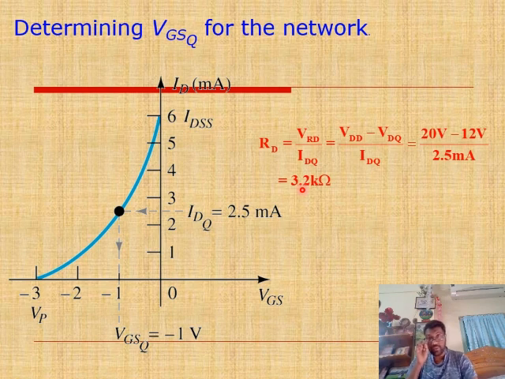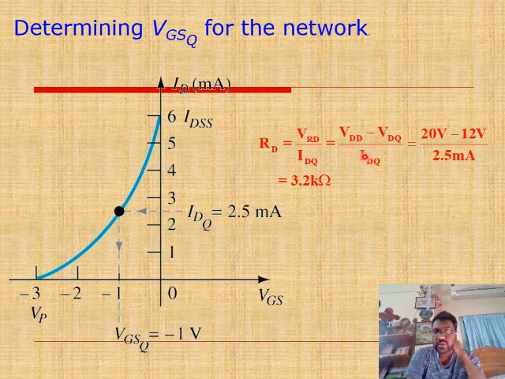The Q point value has been given, that VGSQ is minus 1 volt and IDQ is 2.5 milliampere. So RD is VRD by IDQ. VRD is VDD minus VDQ, VRD meaning basically the voltage drop across RD resistance, that means ID into RD.